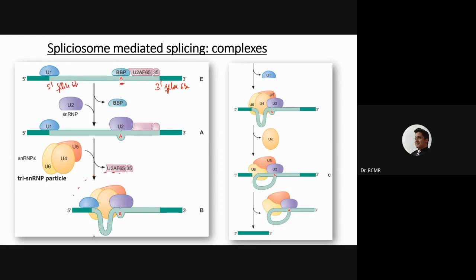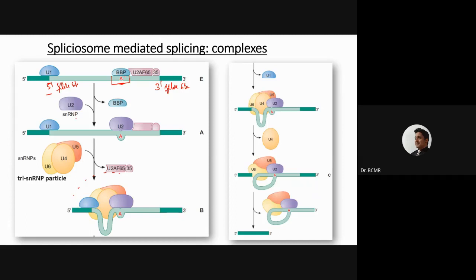We already know that. U1, as we saw previously, recognizes the 5' splice site. BBP, the branch point binding protein, recognizes the sequence here, and it binds there. And on the 3' splice site, you have the U2AF65 and 35 complex.